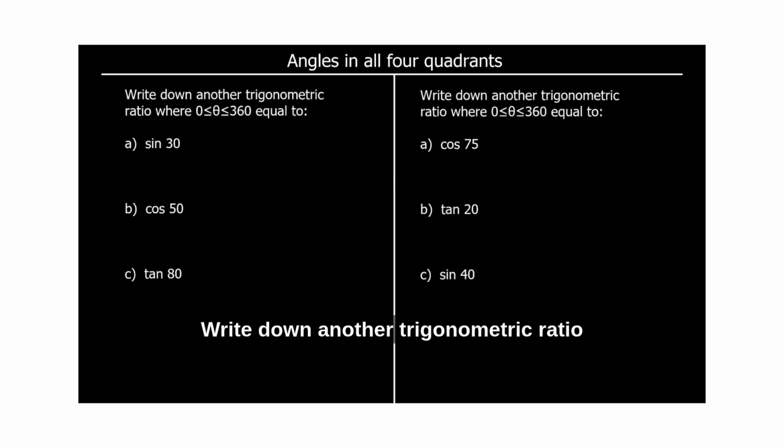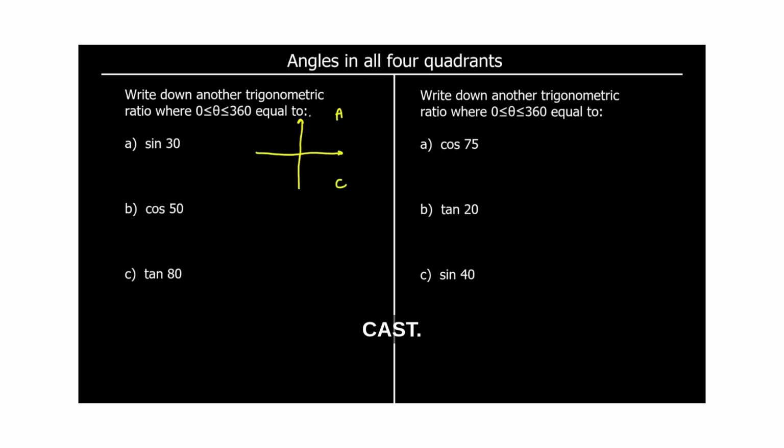Write down another trigonometric ratio where theta is between 0 and 360 equal to sine 30. So let's use this CAST. So we've got 30 degrees here, 0, 90, 180, 270, 360.